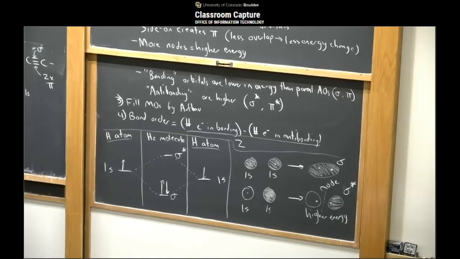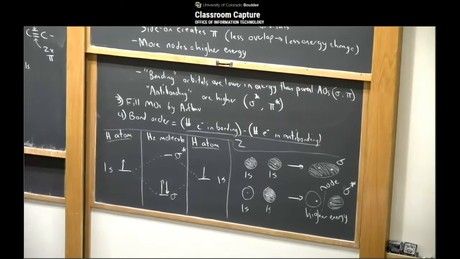And those can do constructive interference, where they blend together over the top and the bottom and make this p orbital here. Okay, and that's a pi bond, that's side-on overlap.